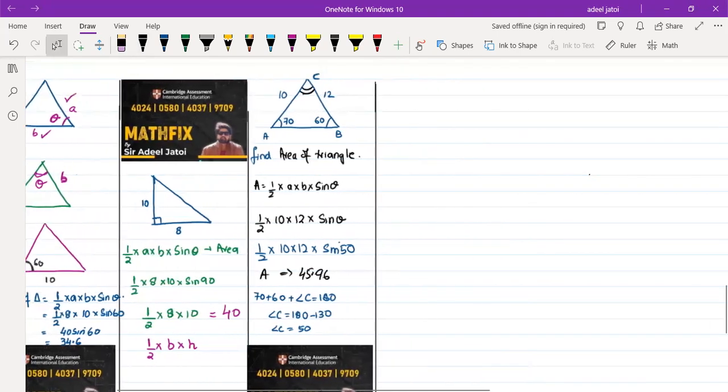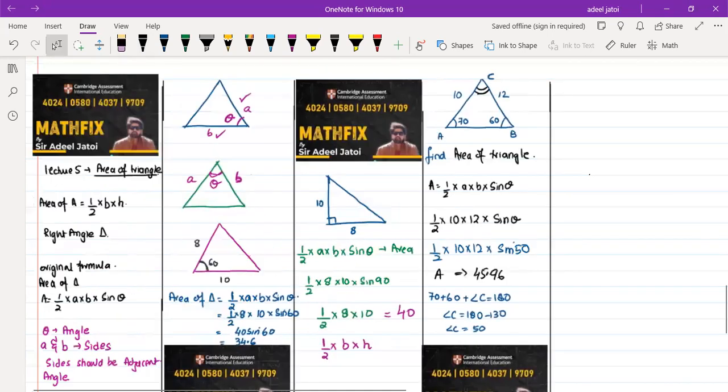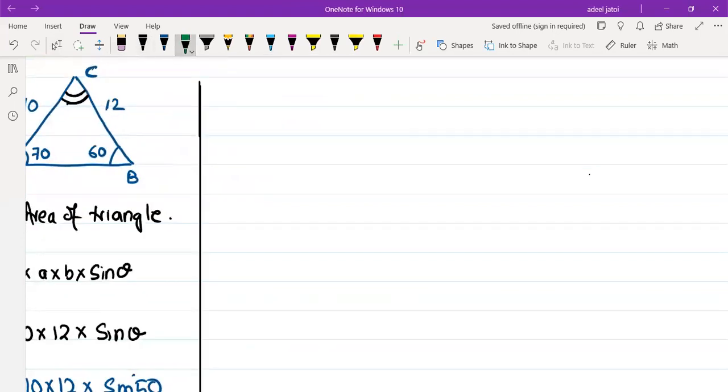This is generalized to find the area when two sides are given. Sometimes in the question, you have been given a triangle and told to find the area, but angle properties can be used. For suppose, if this is your triangle and you have been given that this angle is, let's say, 60.